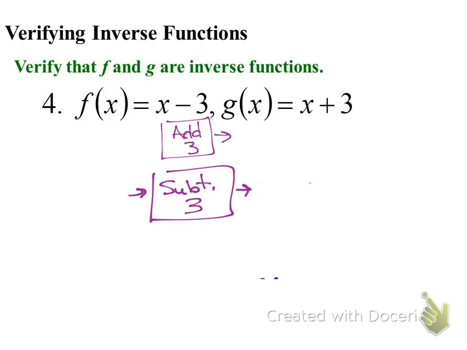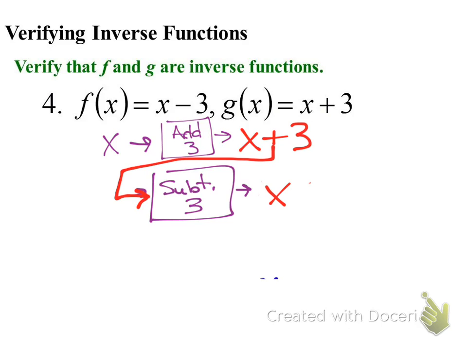Let's start with g. If I start with x, add 3, we get x plus 3. Then if you plug it into the next function, subtract 3, and we're back to x. So with words, we are good to go.